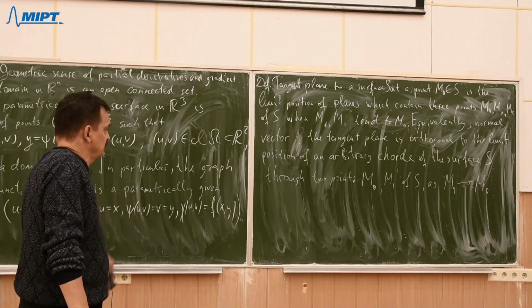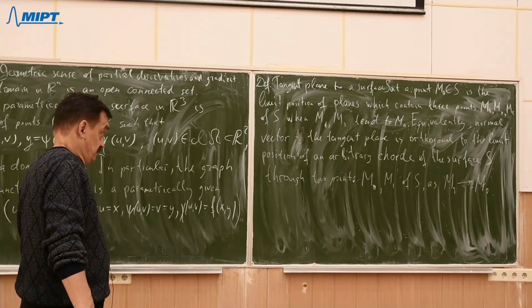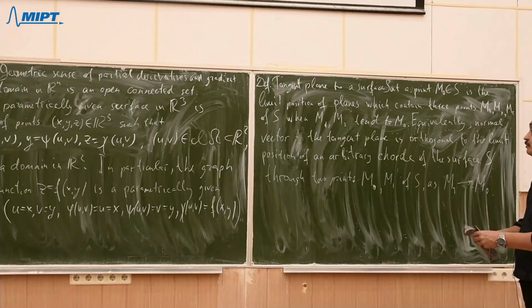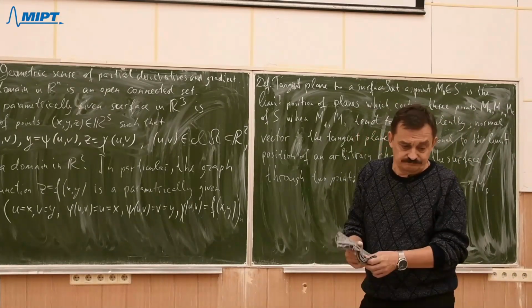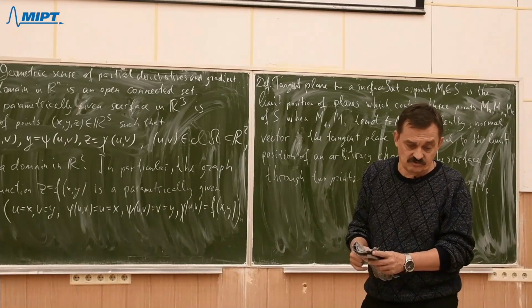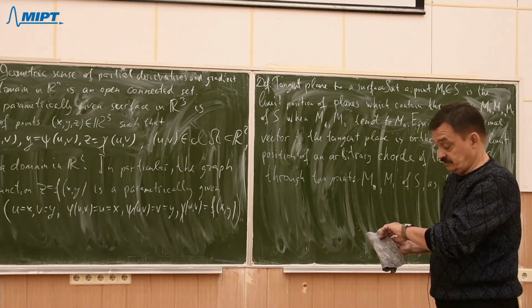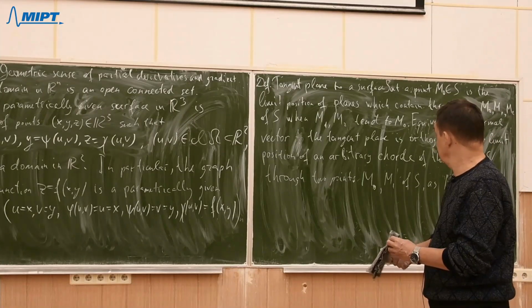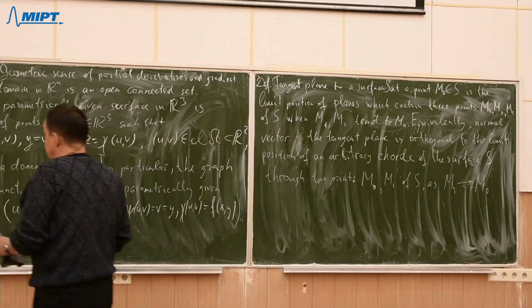And it seems I have no time to prove the geometric sense of partial derivatives even. So what I want to prove, maybe once again like before, to formulate the theorem and to make the proof, but I don't want to do it once again. So maybe I'll just make a picture.